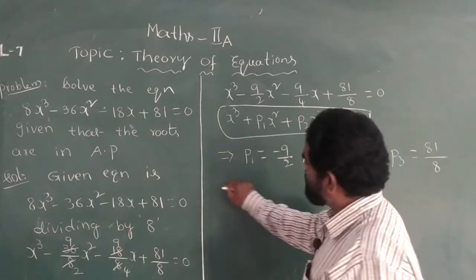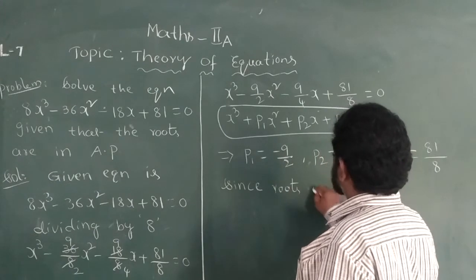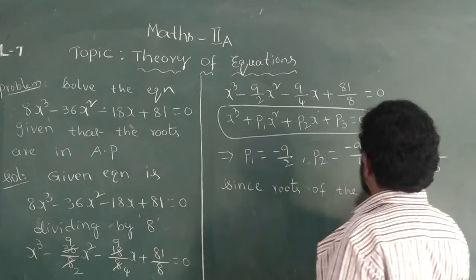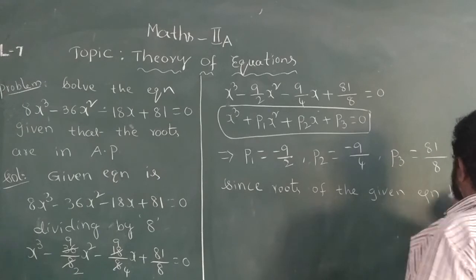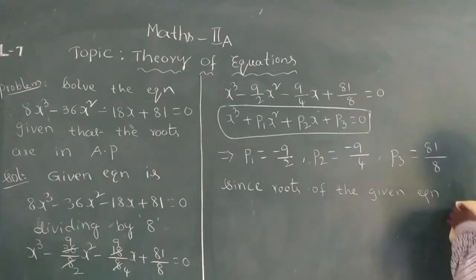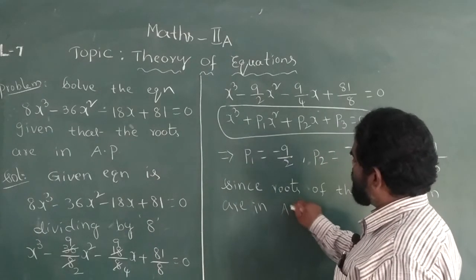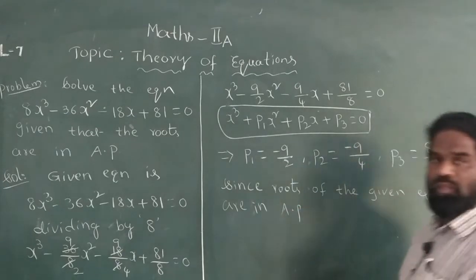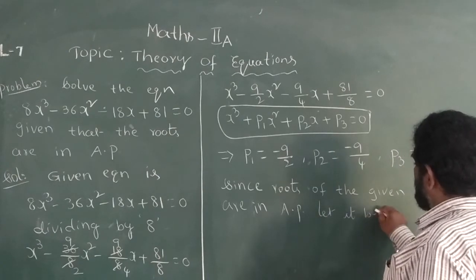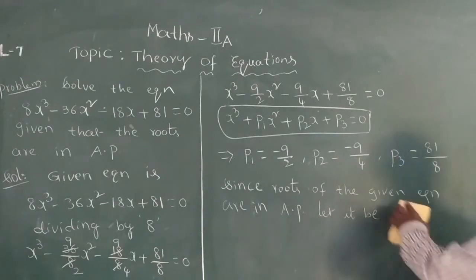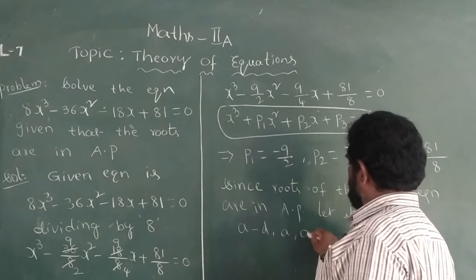Since the roots of the given equation are in arithmetic progression, let them be a minus d, a, a plus d.